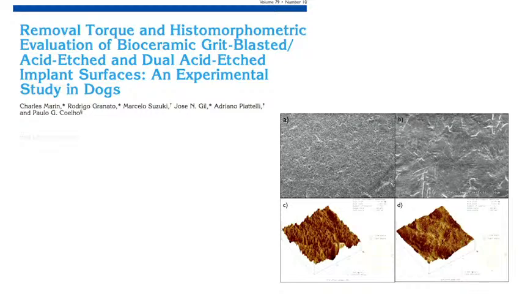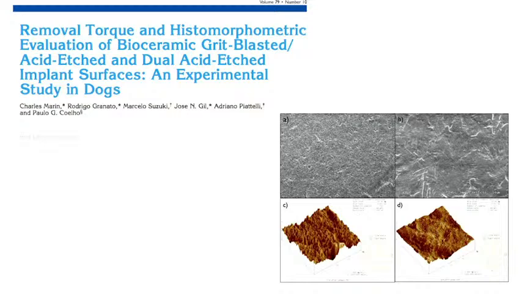For example, when we published this first paper, we were not allowed to call the surface by its name because it was totally unknown, and the editors looked at that like, you know, you are going to do marketing. So we had to call it a weird name, we called it bioceramic grit blasted acid etch. Which is technically what this is.